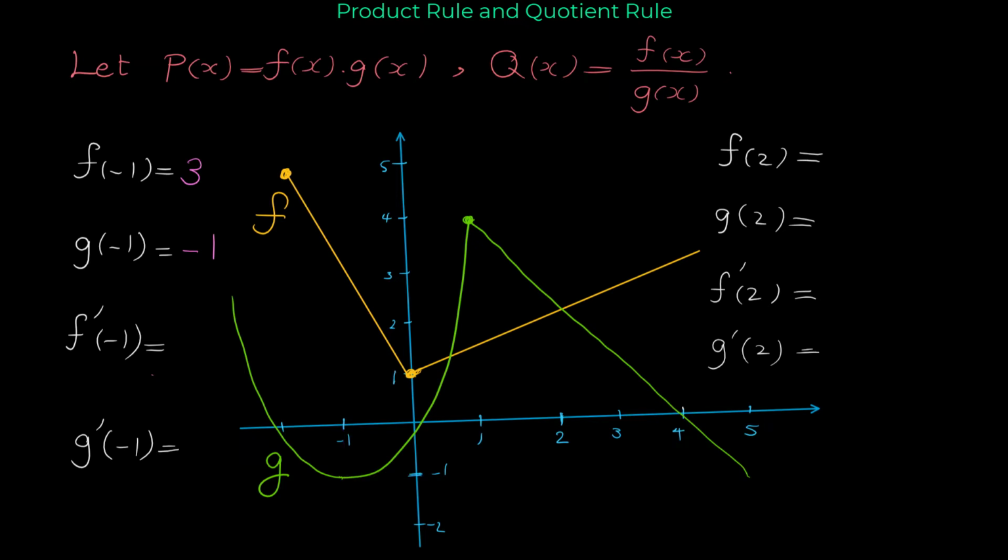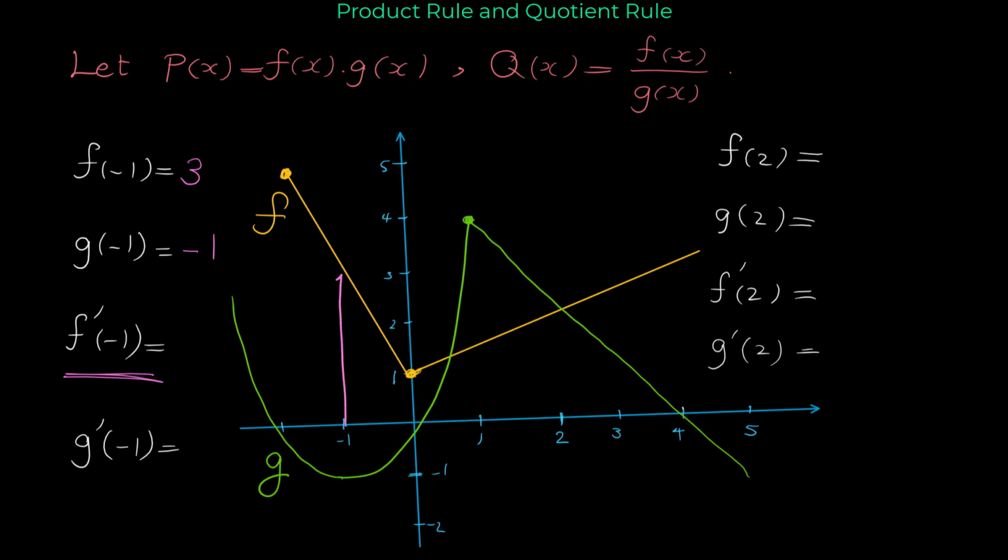Next, we want to find f prime of -1. F prime is the derivative of the function f. And we know that the derivative of a function is the slope of the curve of the function. So basically f prime is the slope of the function f at point -1.